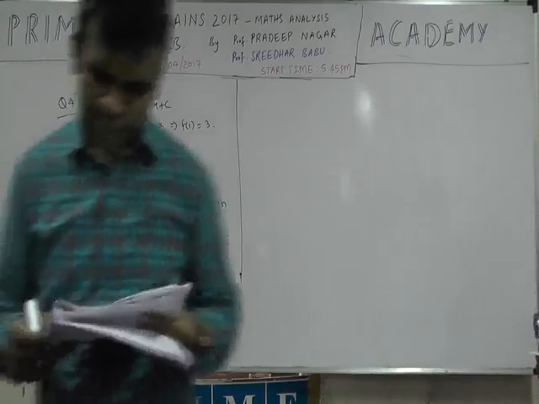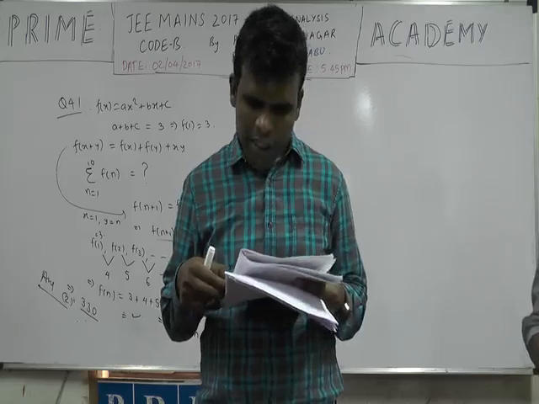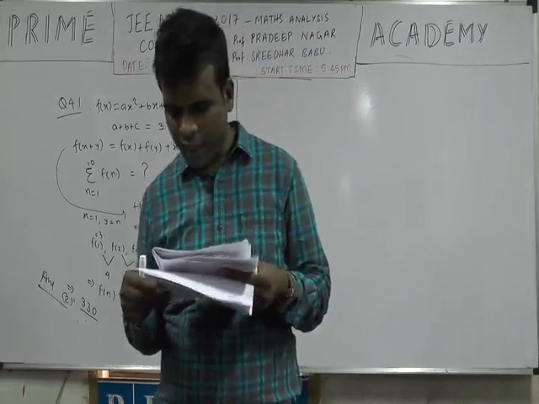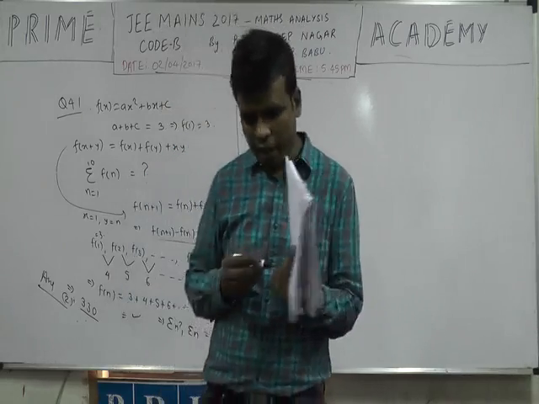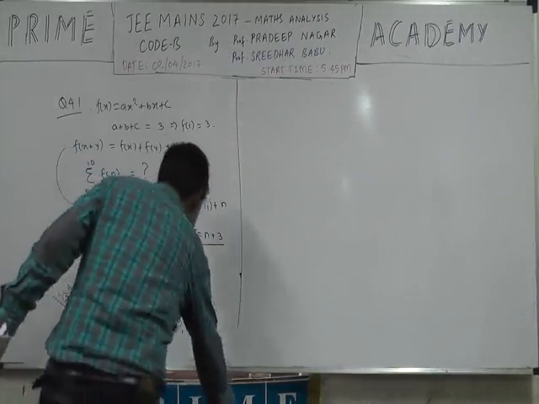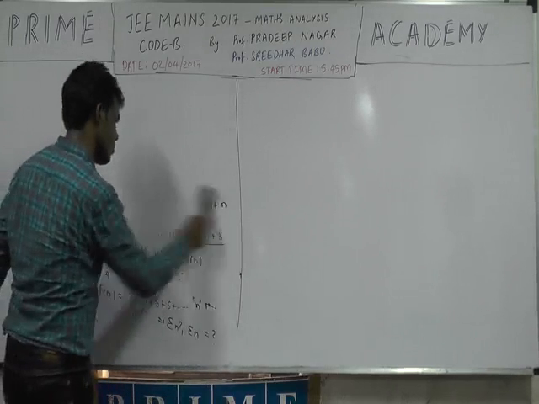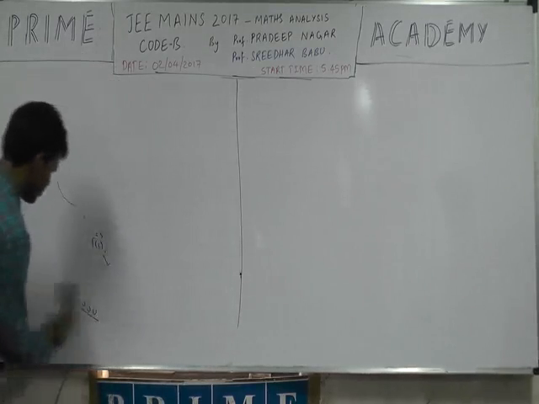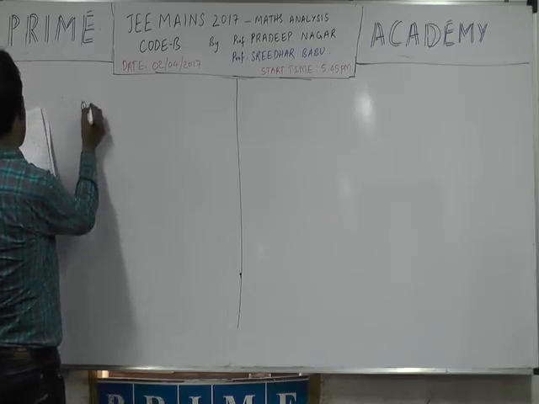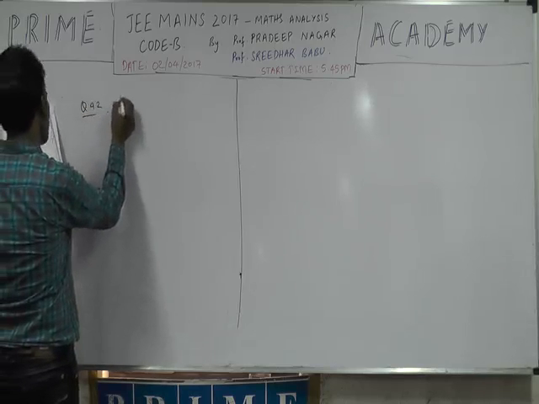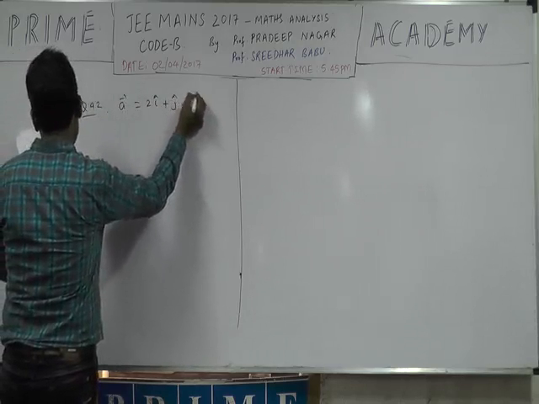Okay, next. The next question is of vectors. They are saying there are two vectors, vector A and vector B. Some values are given, and vector C is given under some particular condition. A is given as 2i cap plus j cap minus 2k cap.